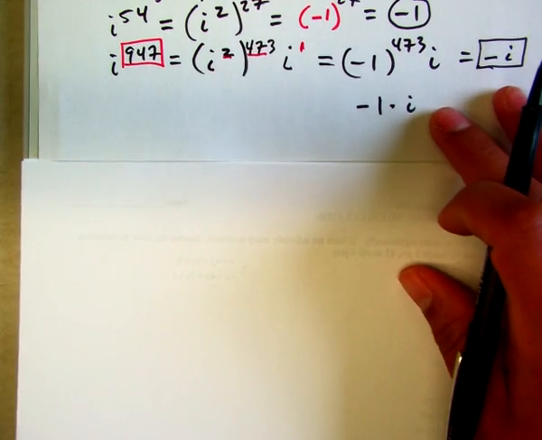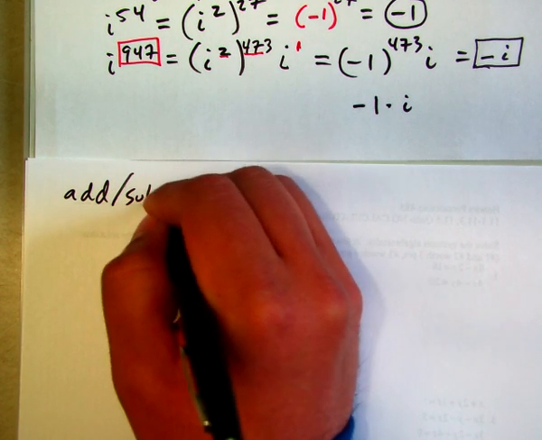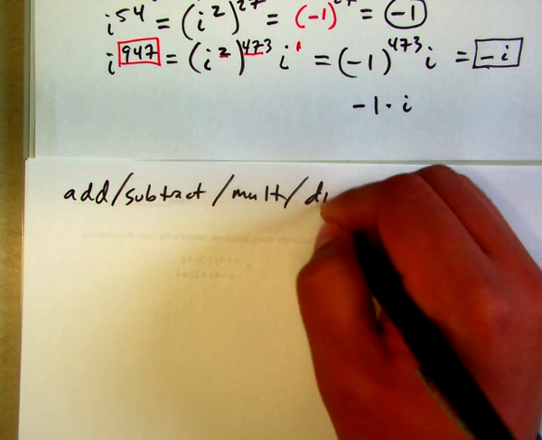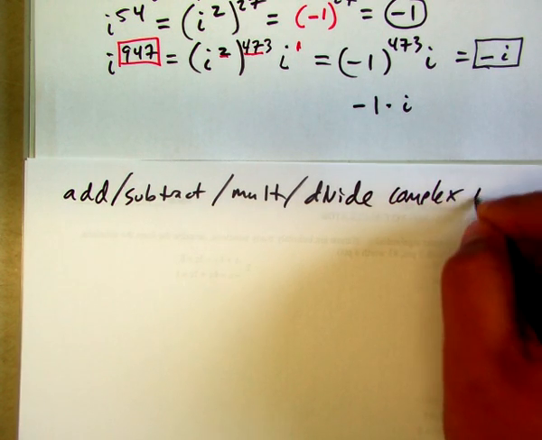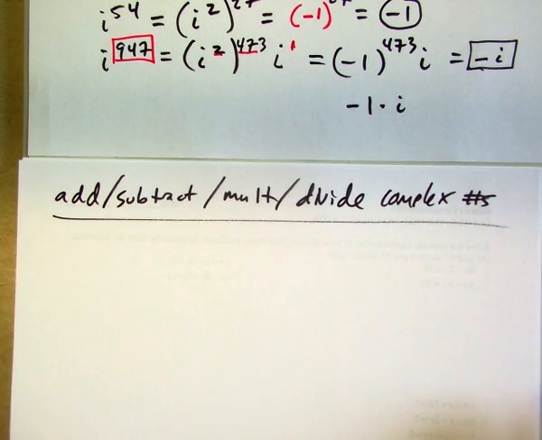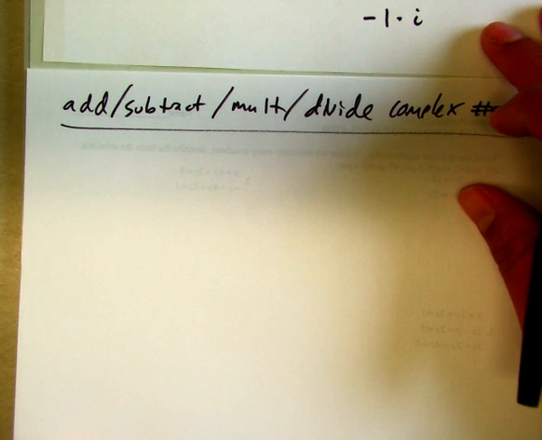Now, with this section, you should be able to add, subtract, multiply, and divide complex numbers. So we'll do a quick example of each.